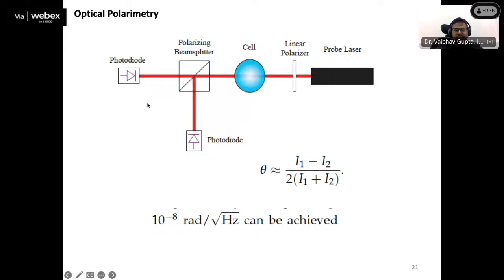If you can calculate theta, then you can also calculate B. In the beginning, I told you the equation that you can apply and back-calculate the B value. So this is all about the mechanism of atomic magnetometry. That's how the magnetometer works.